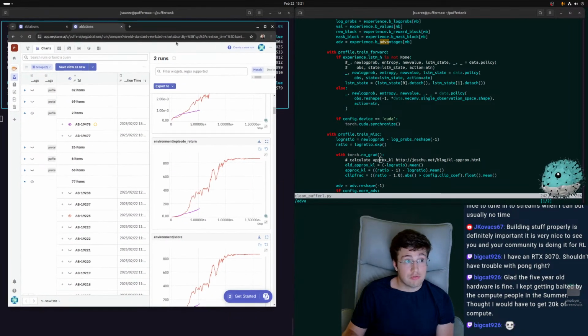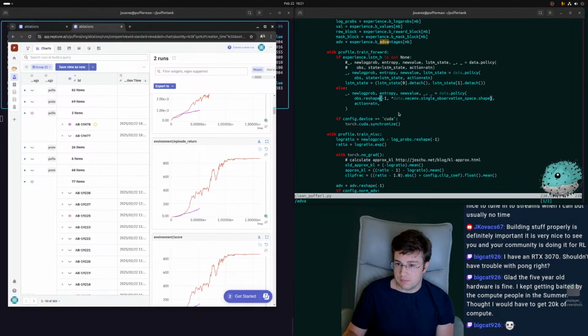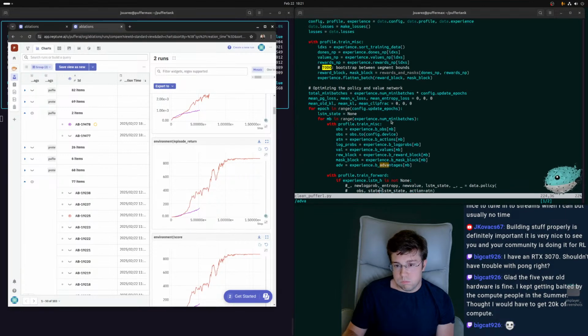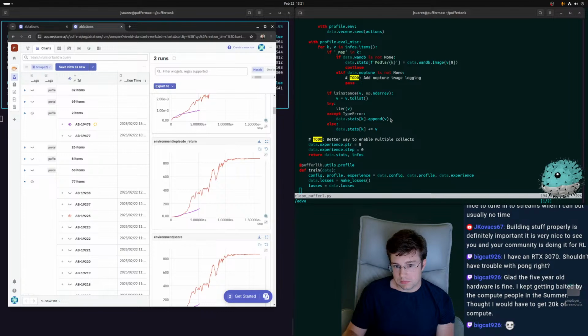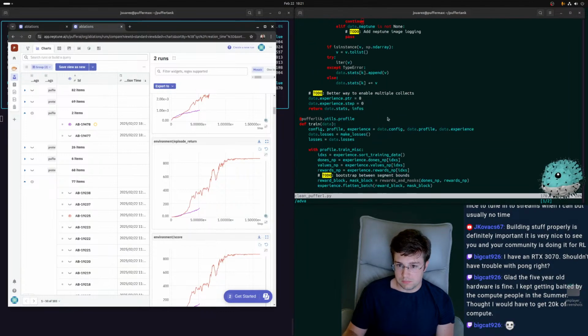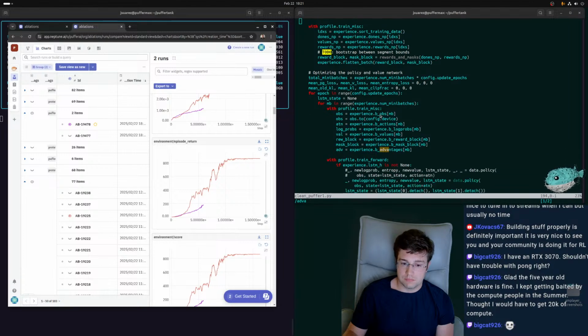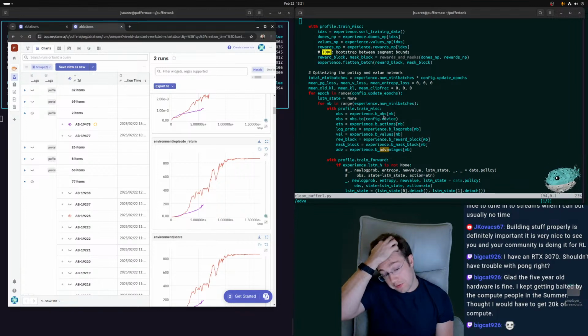I mean, that's kind of crazy though, this is literally the first time I'm running it and it does something. That's pretty cool. Well, I'm gonna let this run.